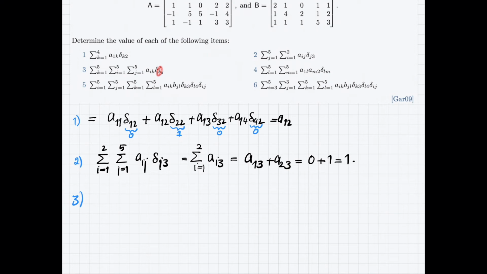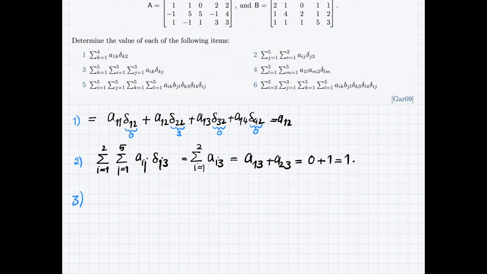Is it in the range? Yes, because k itself runs from 1 to 5, and the range of j is also from 1 to 5. So it doesn't matter which value of k we have, this k value is always in the range of this sigma. This point is important. So I eliminate these two, and in what is left, I replace every j with k. But there is no j left when I eliminate this.